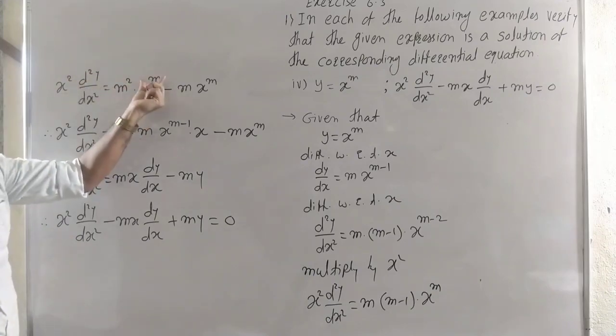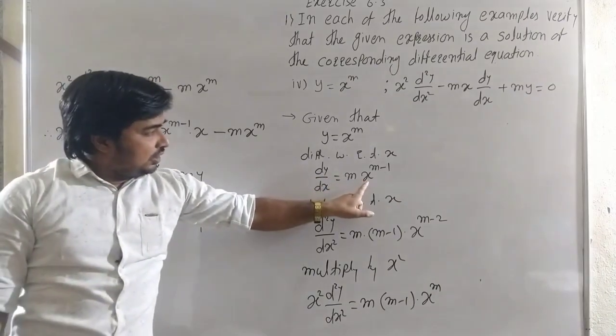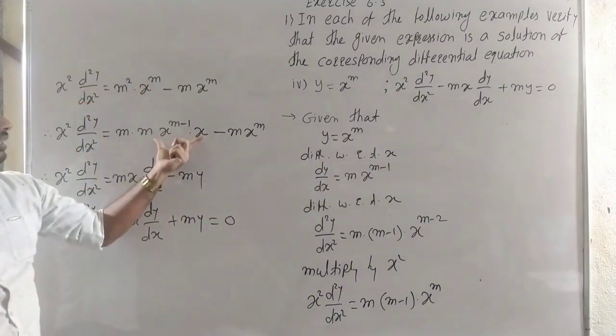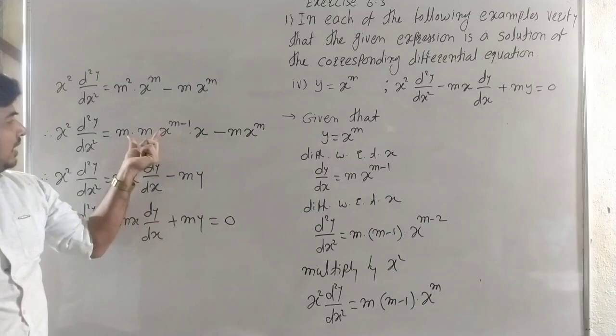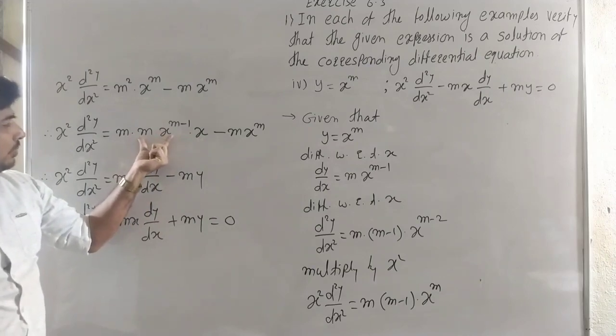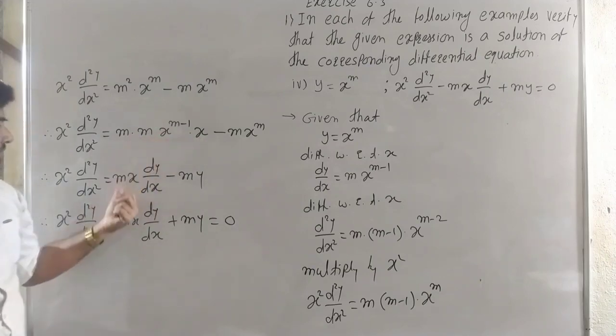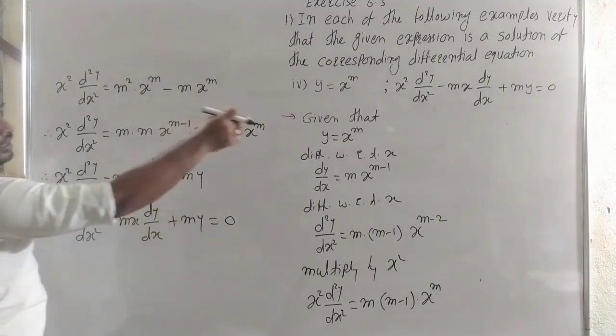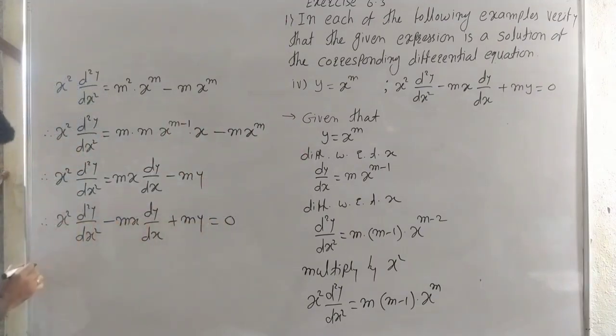Here it is x to the power m already, but we want x to the power m minus 1, so we can write x to the power m in the form of this, by the rules of indices. And then m into x to the power m minus 1 is dy by dx, and it is mx. And this is the last answer. That means it is the solution of this differential equation.